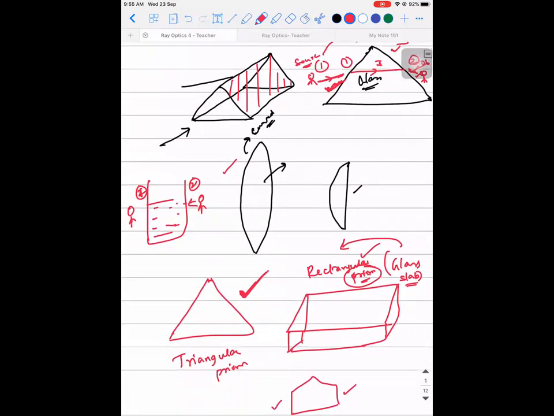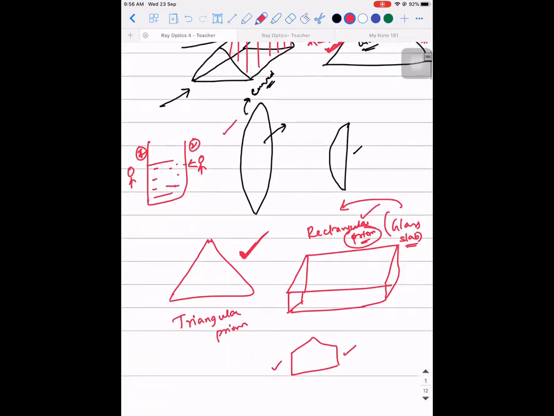A transparent material with two planar refracting surfaces is called a prism.